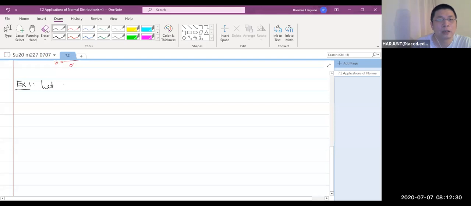Let X be normal distribution with mean 100 and standard deviation 15. But this is the place for variance, so I put 15 squared. For example, X is the IQ score of an adult.